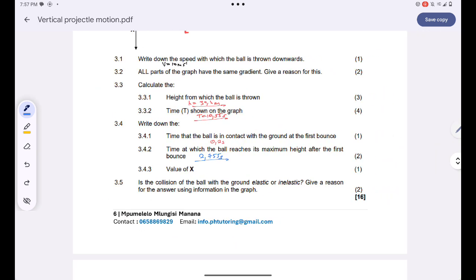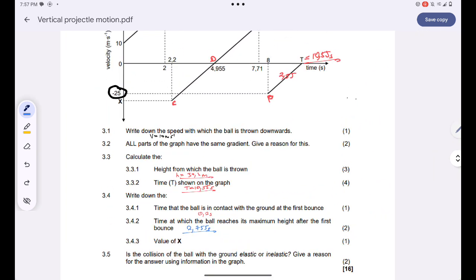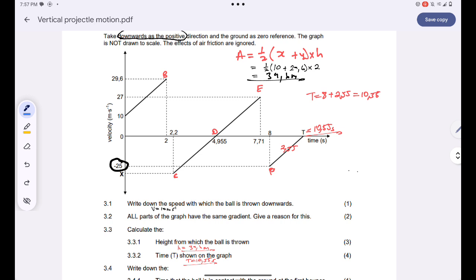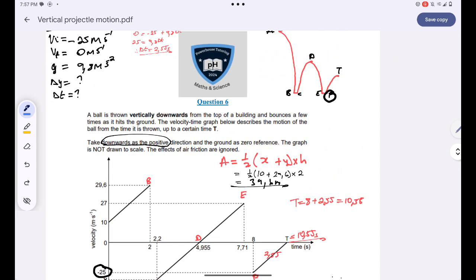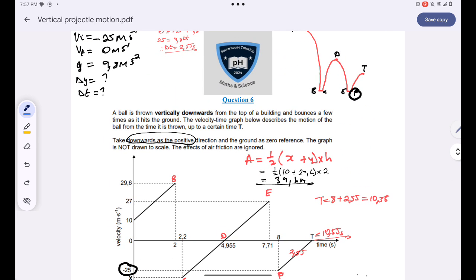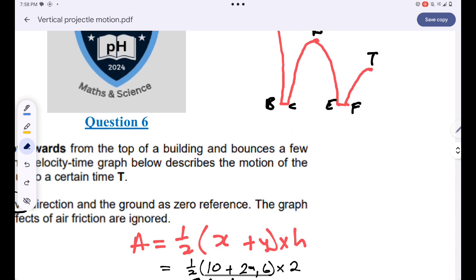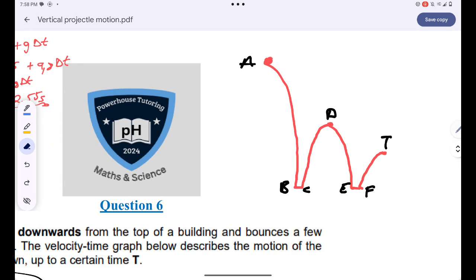Okay, then now I must calculate the value of x. The value of x, guys, please remember that now let's go to symmetry in projectile motion. The velocity of the ball at C will be equal to the velocity of the ball at E. The velocity the ball will leave the ground at will be the same velocity the ball will return to the ground at.